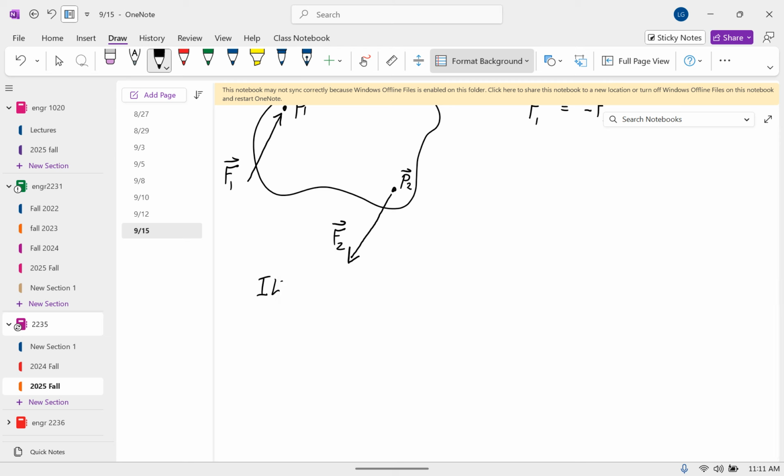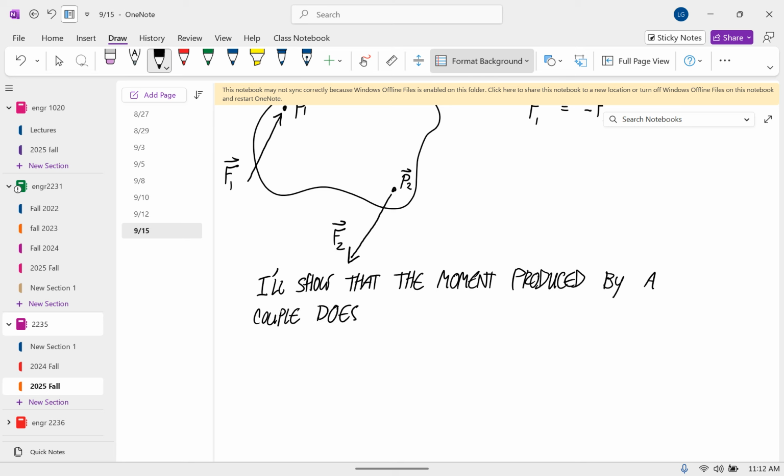I'll show that the moment of a couple, the moment produced by a couple, does not depend on the about point.